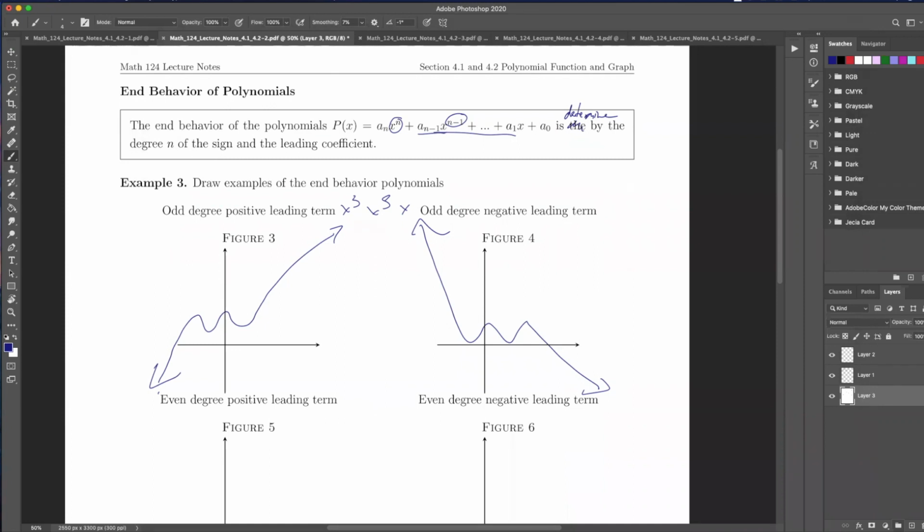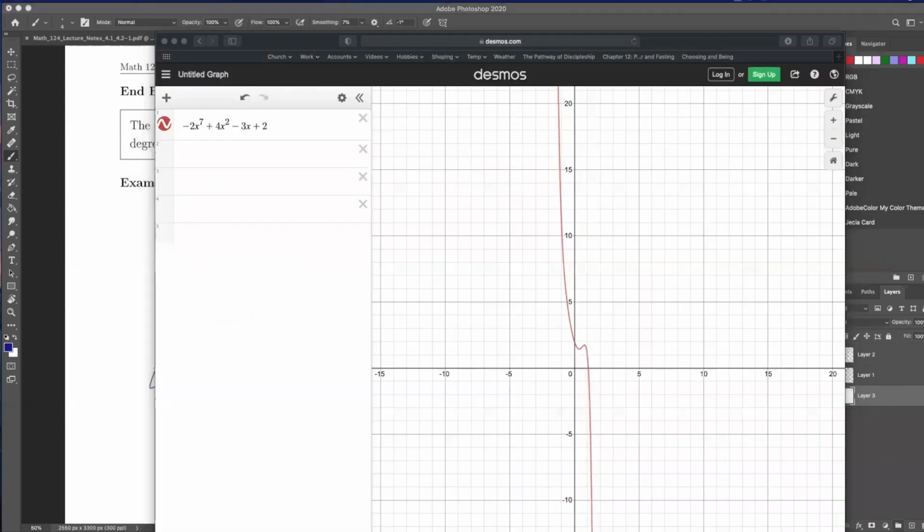So the leading term completely dictates what's going to happen for our end behavior. If it's odd, if it starts going up, it'll end going down. If it starts going down, it'll end going up.